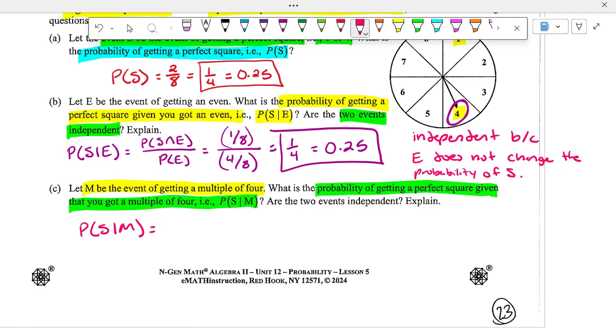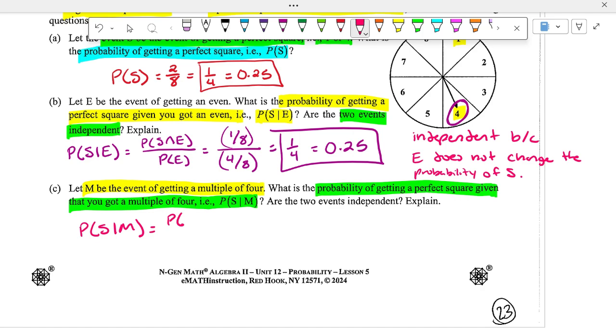So that means that if we were to rewrite it using the conditional probability formula, what is that? So what would the numerator be if we find the probability of what? Blank and blank. Replace A and B with S and M. Guys, I know you can plug things into a formula.